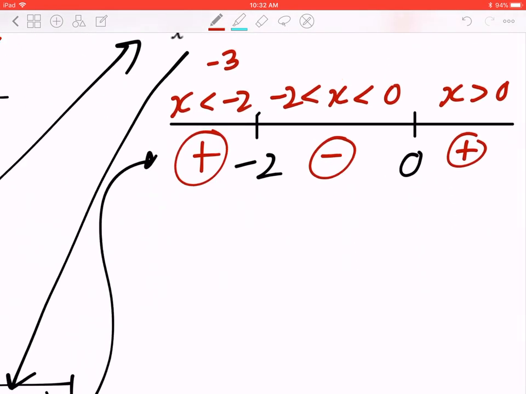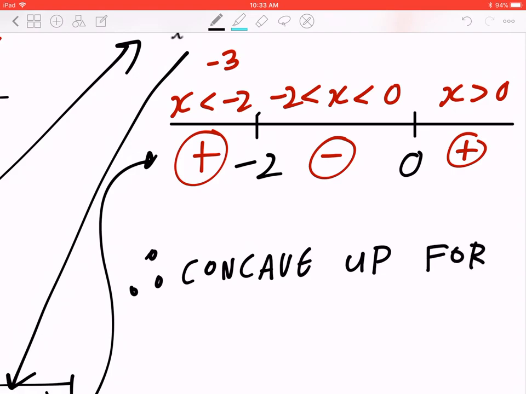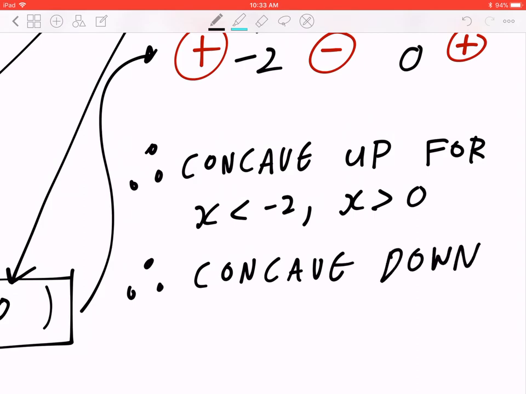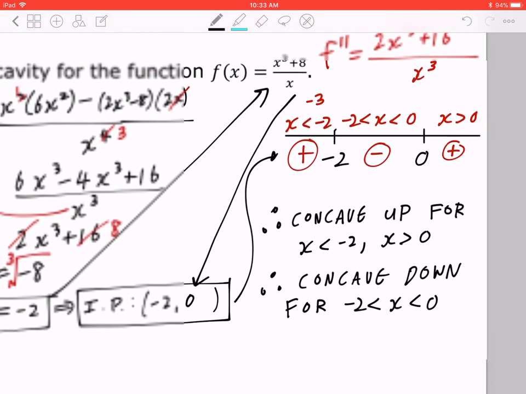So, in terms of the answer to this question, the final statement is going to be, therefore, the function is going to be concave up for x less than negative 2, or when it's greater than 0, and the function is going to be concave down for x in between negative 2 and 0.